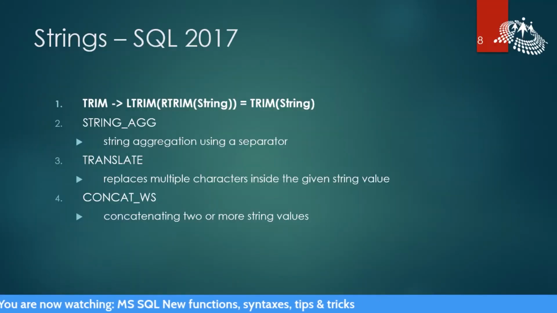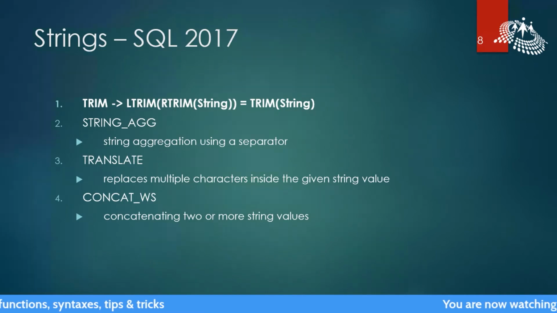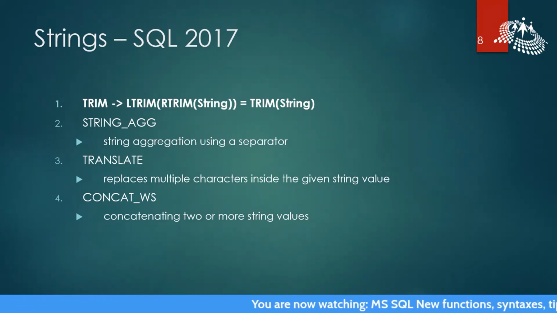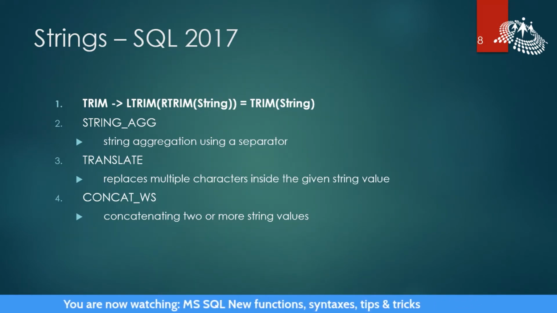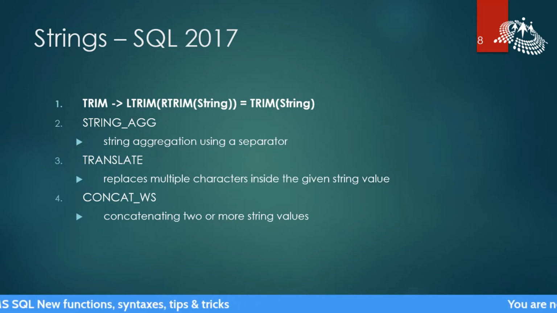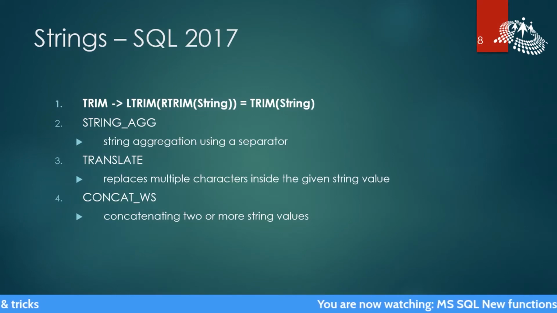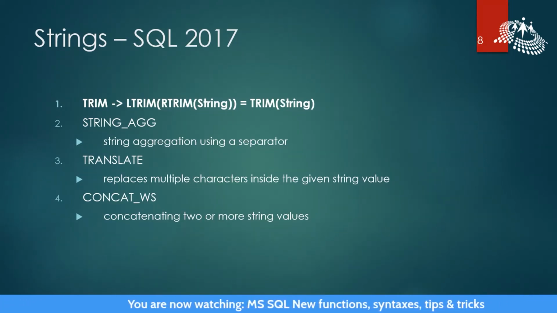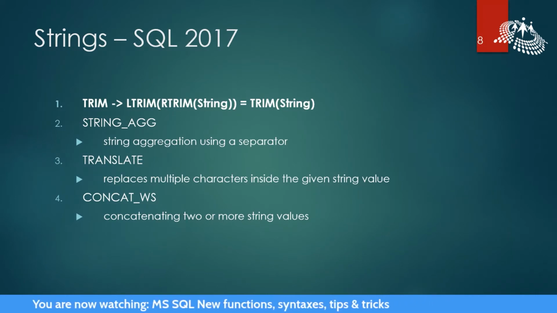Okay, so that's about string functions in SQL Server 2016, sorry. Let's jump to SQL Server 2017 now. So the first function is TRIM, and it's not so complicated, of course. Remember that before TRIM, you were able to accomplish this only by using LTRIM in combination with RTRIM.